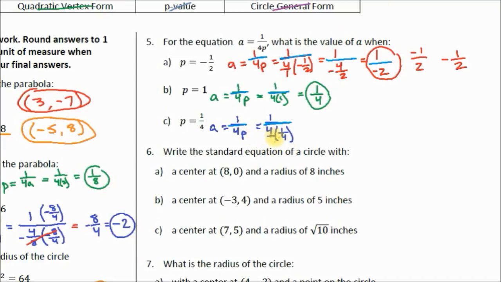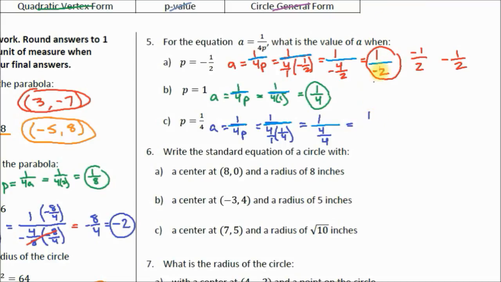Let's change this 4 to a 4 over 1, so we're multiplying two fractions. So this is equal to 1 over, and we've got 4 times 1 is 4, and 1 times 4 is 4. That's 4 over 4. That actually simplifies pretty nicely.